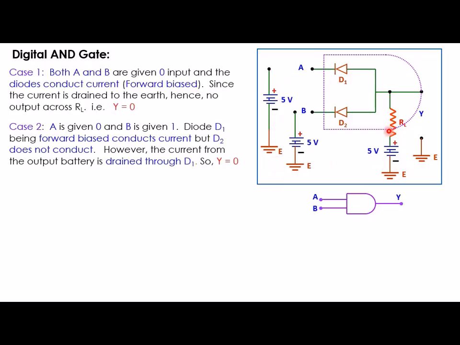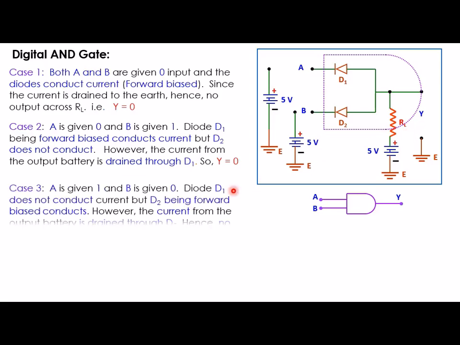If current is flowing through this diode D1, there will be a potential drop of minus 5V across RL, and at the output, the potential across this terminal and ground will be equal to 0, because the potential of this battery will be exactly opposite to that potential drop across this RL. So the total potential will be 0 according to Kirchhoff's voltage law.